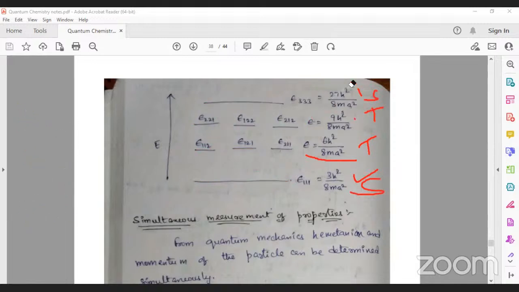I will give some values, and you have to say what the degeneracy is. So you people take pen and paper. I will give one problem.